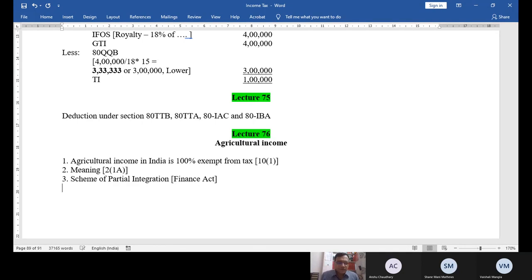And let me discuss one example of the scheme of partial integration. Let me solve an example of agricultural income.